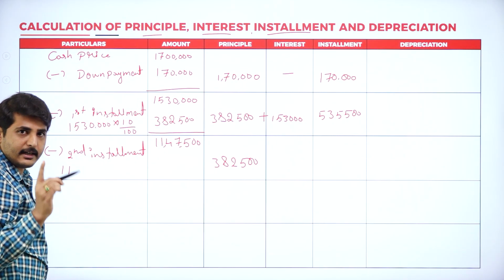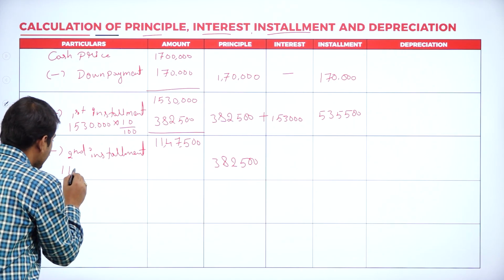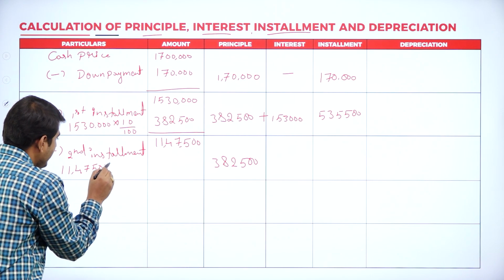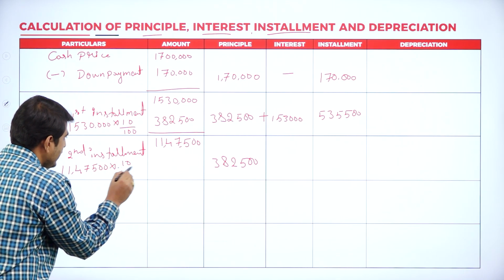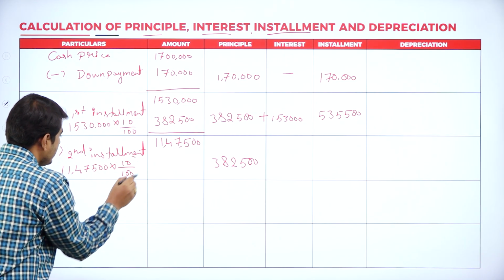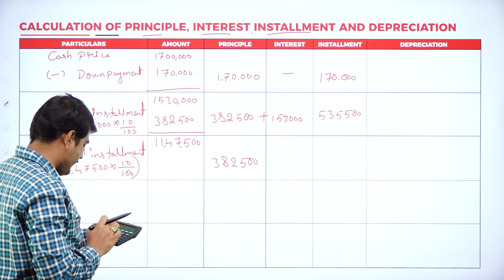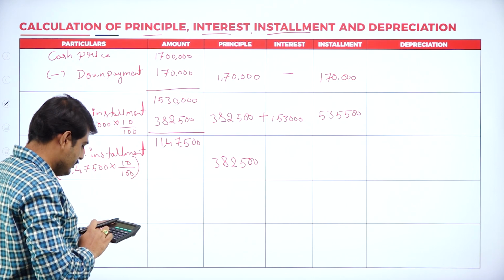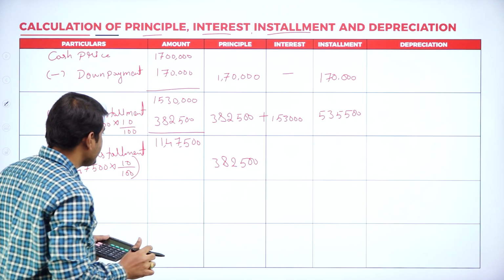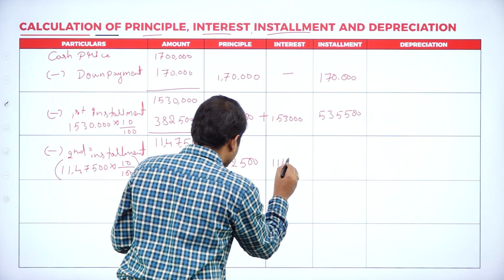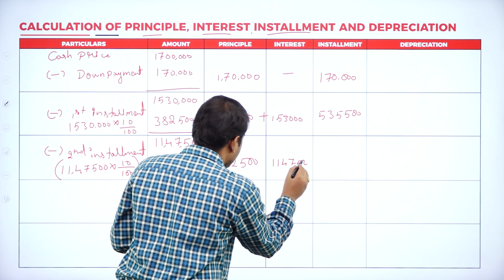I am calculating the interest on 11,47,500. What is the rate of interest? It is 10% every year. So 11,47,500 into 10%. So it is 1,14,750 as the interest.